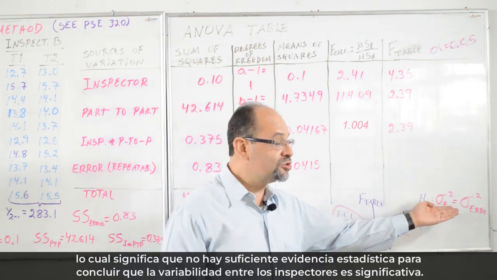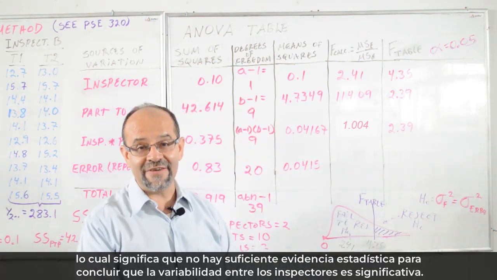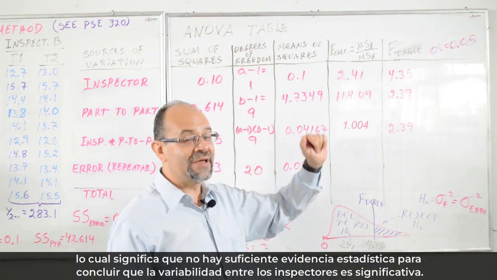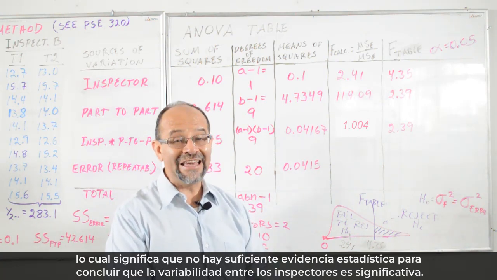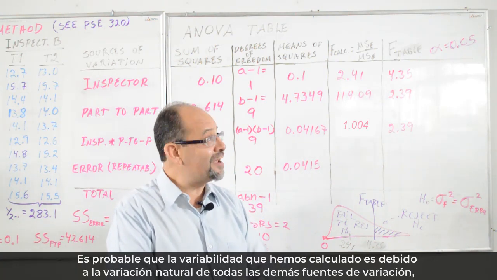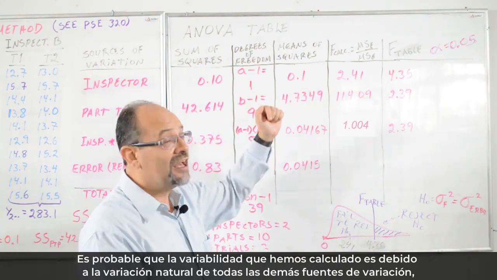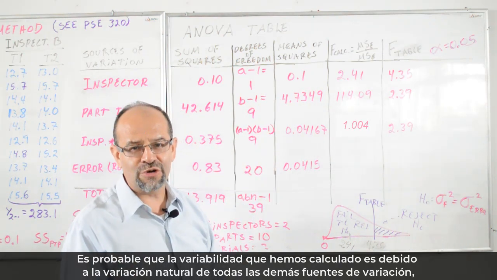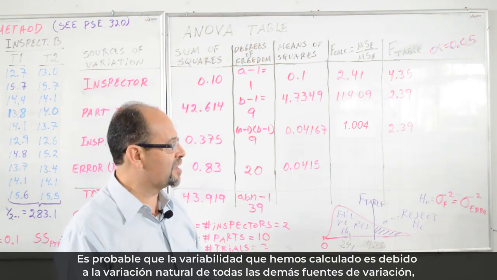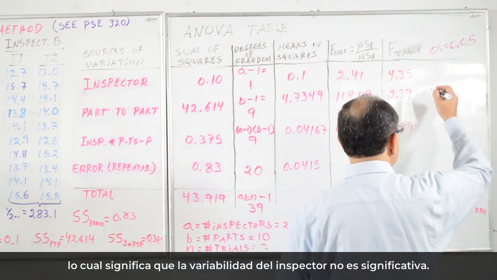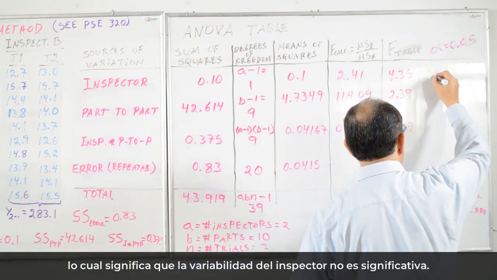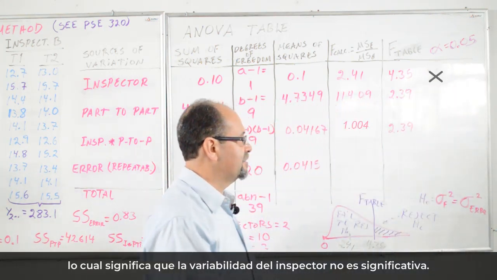That means that there is not enough statistical evidence to conclude that the variability because of the inspector is significant. Maybe that variability that we have calculated is because of the natural variation, because of all the other sources of variation. That means that the variability because of the inspector is not significant.